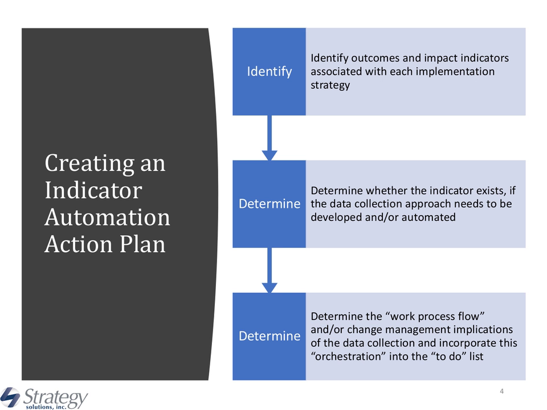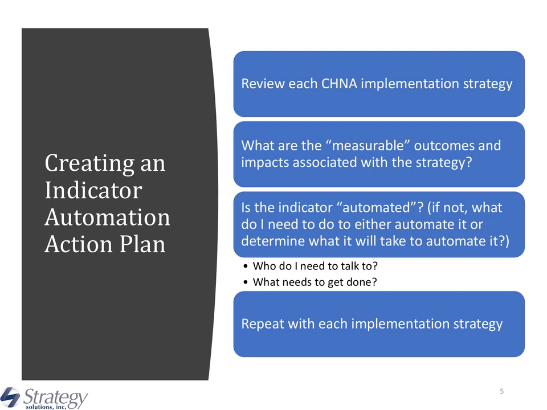And then look at the work process flow of the data collection and then incorporate the orchestration into your to-do list. Well, what do I mean by that? You want to review each CHNA implementation strategy, look at those measurable outcomes and impacts, figure out whether the indicator is automated, and then automate it and report each with an implementation strategy.